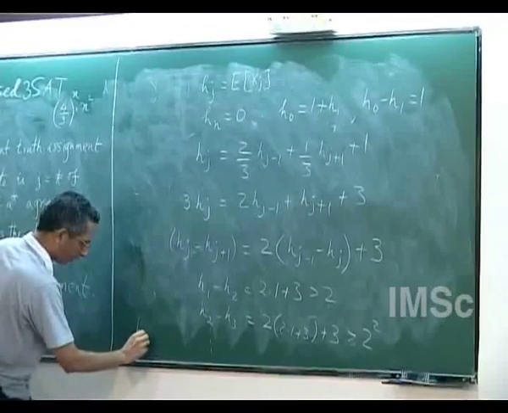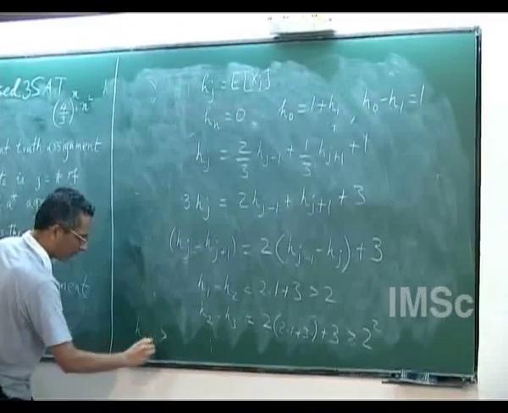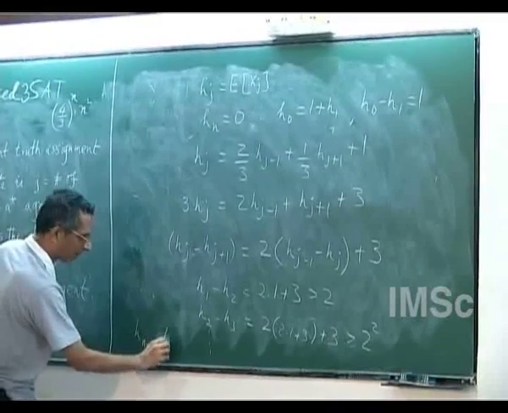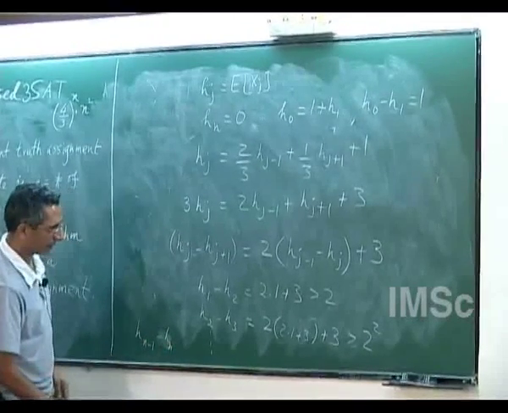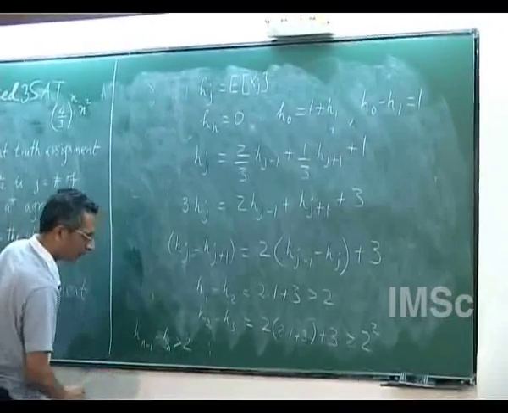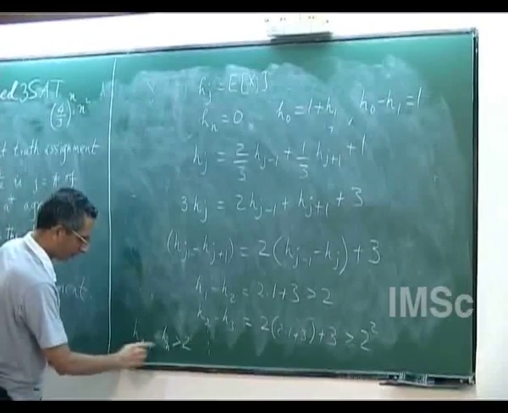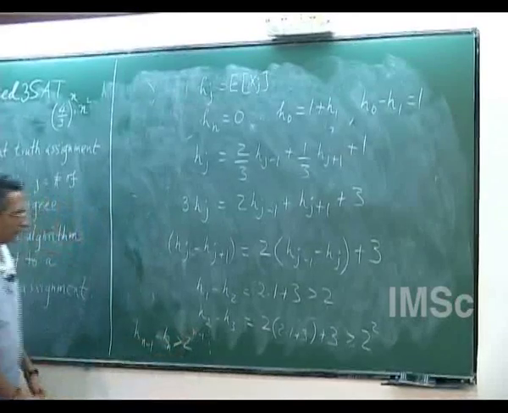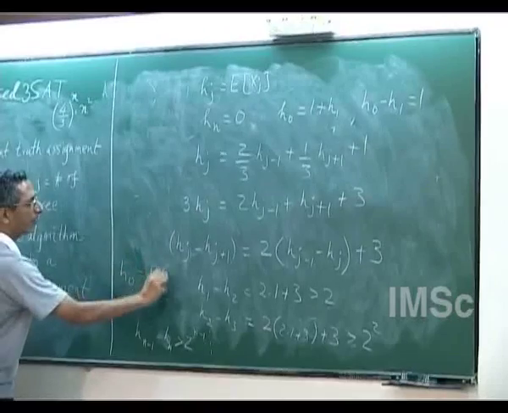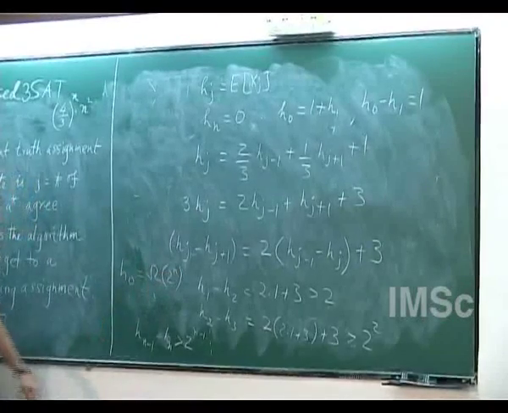So something like what you get is h_{n-1} minus h_n is going to be more than 2 power n minus 1. So if you add up everything, you will get h_0 is some constant times 2 power n.